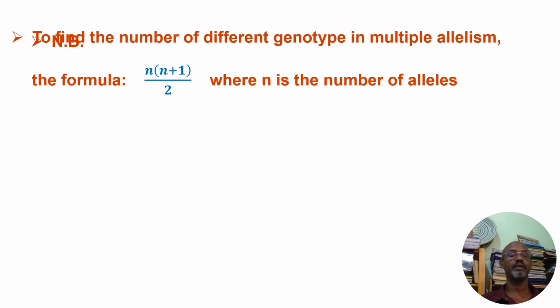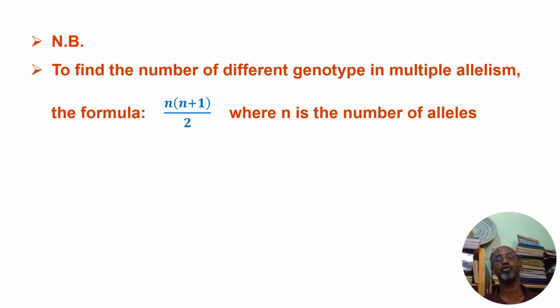Notably, to find the number of different genotypes in multiple allelism, the formula is n times n plus 1 over 2, where n is the number of alleles. For example, what is the number of alleles for the ABO blood group? 3. Enter 3. 3 times 3 plus 1, 3 times 4 over 2, 6. Yes, we have 6 genotypes: IAIA, IAIO, IBIB, IBIO, IAIB, IOIO.